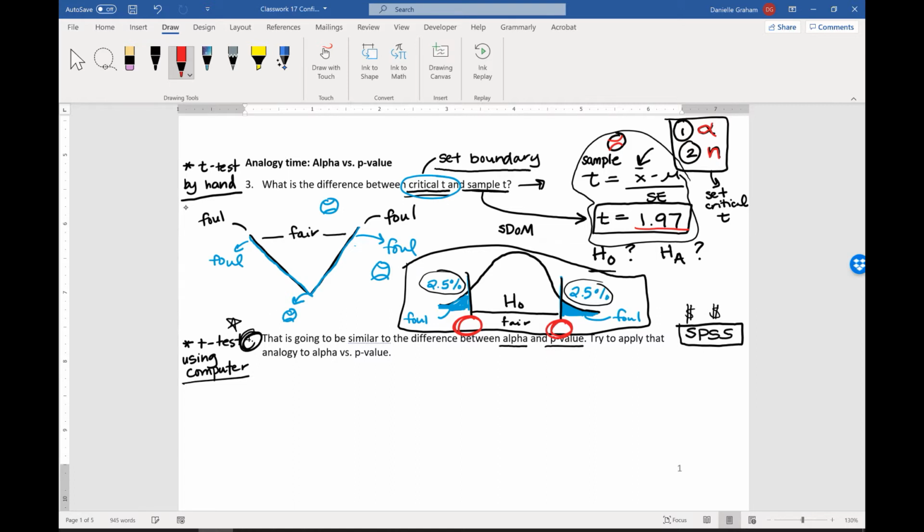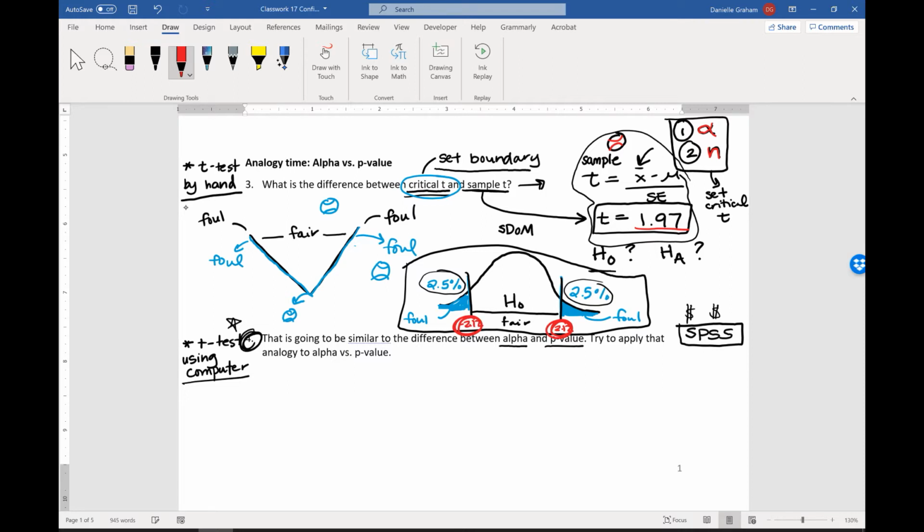And usually it's always going to be higher than 1.96 because that's where the cutoff point ends. But let's say this is 2.12 instead, based on whatever it is.